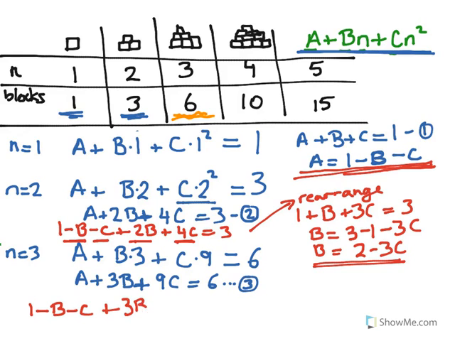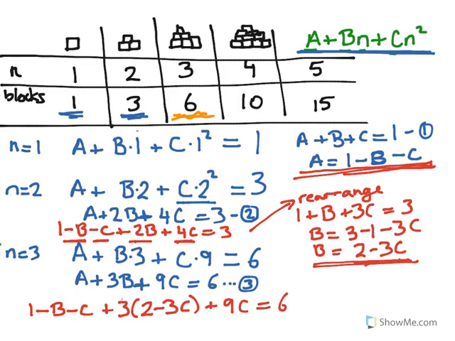Plus 3b, which instead of writing b, what should I write? I should write 3 times b, but I know that b equals 2 minus 3c. So I replace my b with 2 minus 3c, and then I keep everything else the same. So what we're doing here is working out what a and b are, and then we're just substituting.